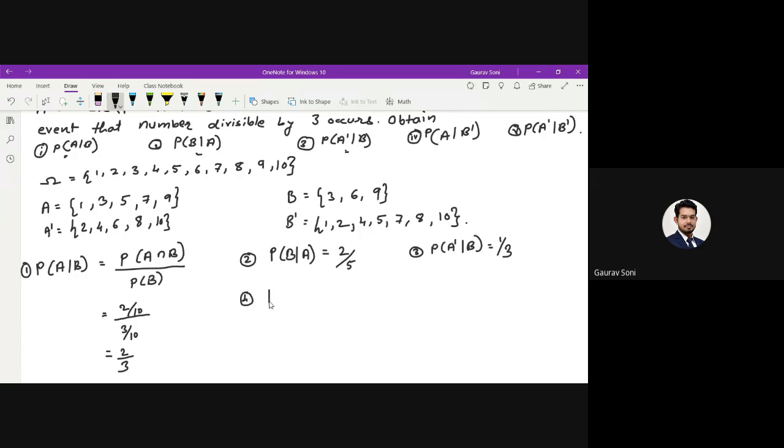Fourth one. Probability of A given B complement is equal to 3 by 7.